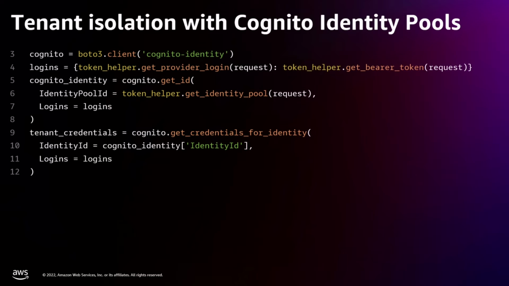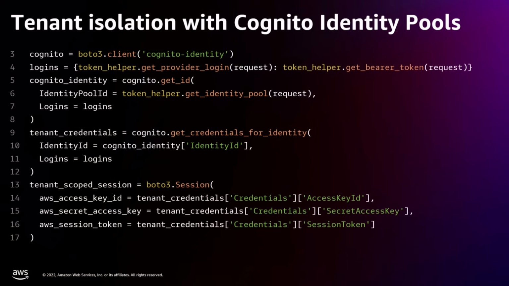It can do role mapping by looking at the claims in the JWT token to figure out which IAM role should be the authenticated role for this identity. So these tenant credentials that you see here are the scope-down credentials. In this case, they're the ones that you pre-populated when you onboarded that tenant for this microservice.